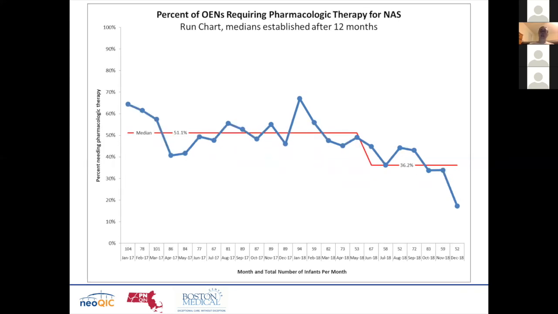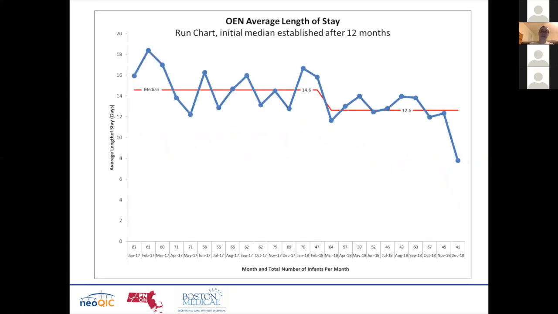We've also seen a drop of about 15% in pharmacologic treatment across the state since we implemented this state collaborative focused on more non-pharmacologic care. And the average length of stay has also gone down. So really through this collaborative education, we've been able to see a real difference across the hospitals in their key outcome measures.